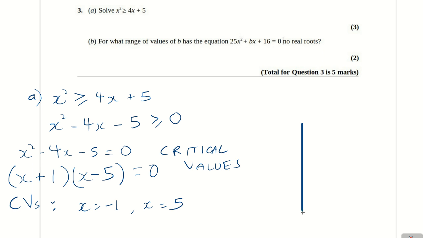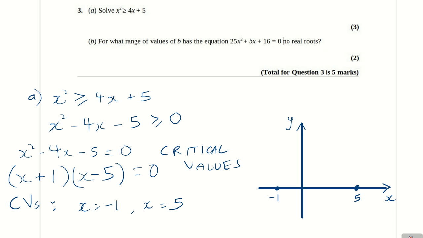So if I do a little sketch of the graph, because we've got the critical values, that tells us that when x is 5, it crosses over the x-axis, and also when x is minus 1, it crosses over the x-axis.